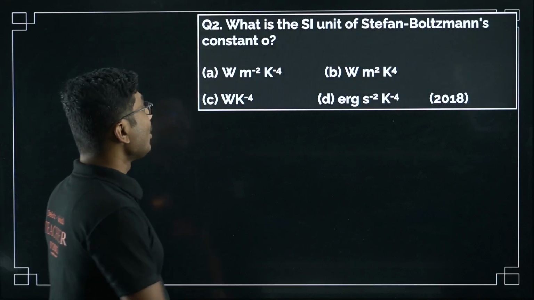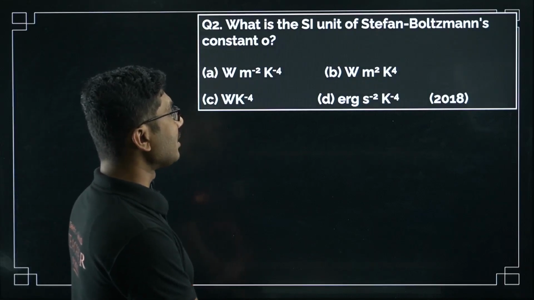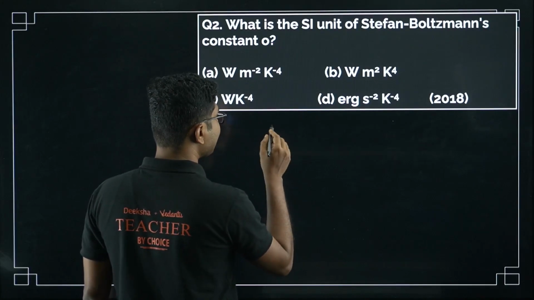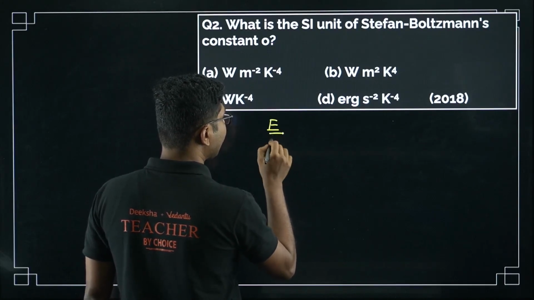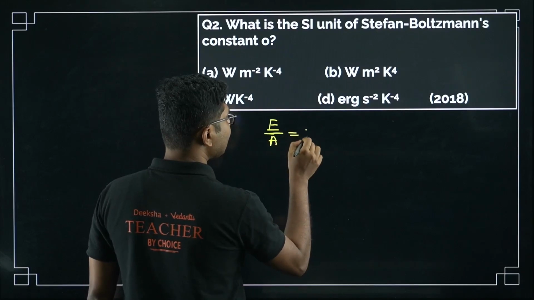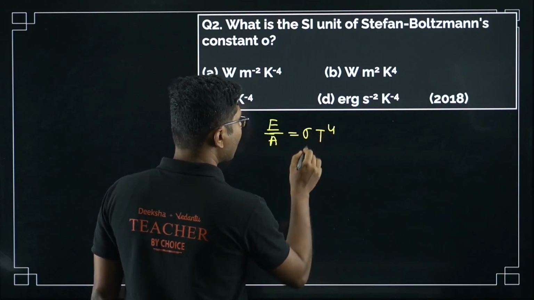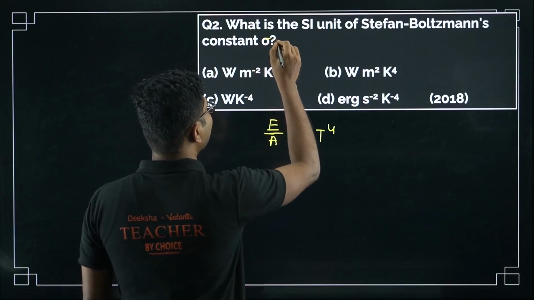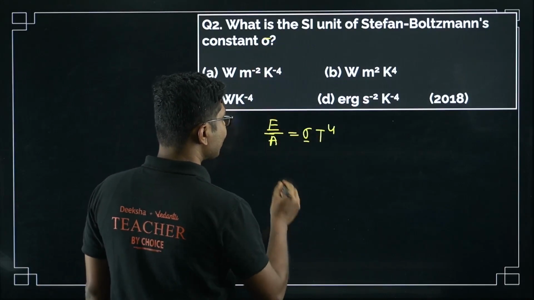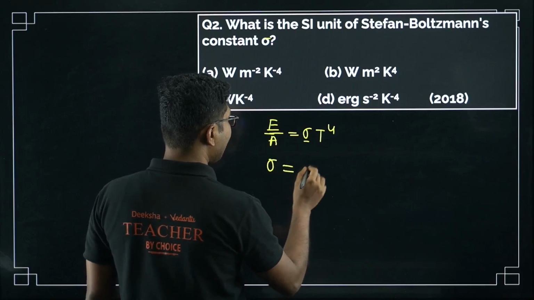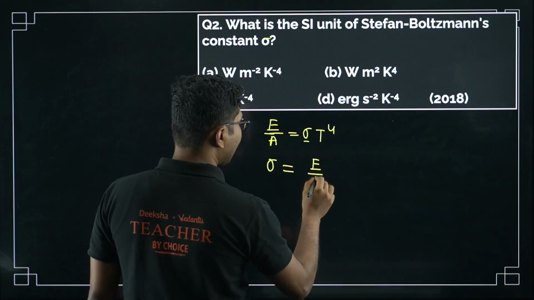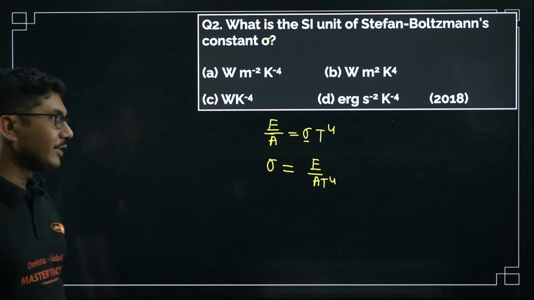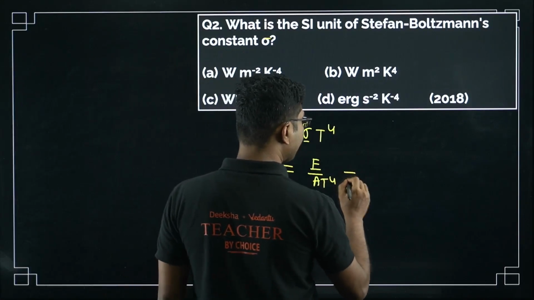Very strange, right? What is the SI unit of Stefan-Boltzmann's constant? If you remember, energy per unit area is given by sigma T to the power 4. This sigma is called the Stefan-Boltzmann constant. So sigma is basically E by A T divided by T to the power of 4. Now what is the unit of energy?